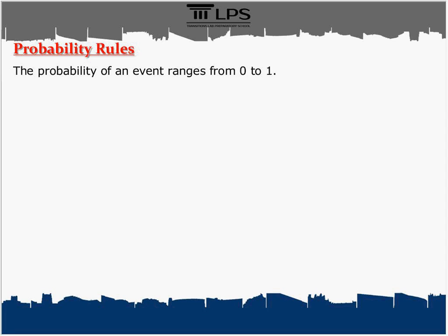If the probability of the event is 1, then it will definitely occur. The sum of the probabilities of all possible events is always going to be equal to 1.